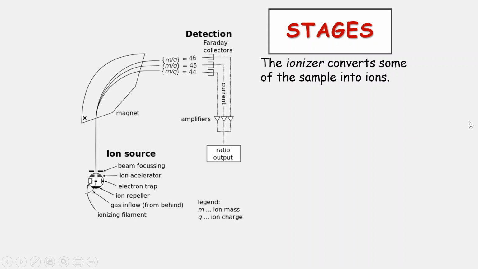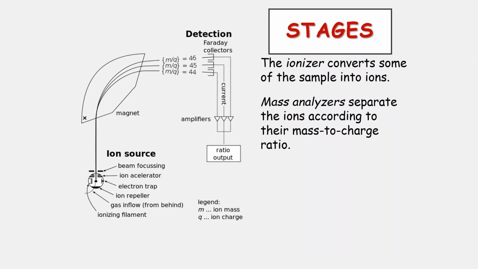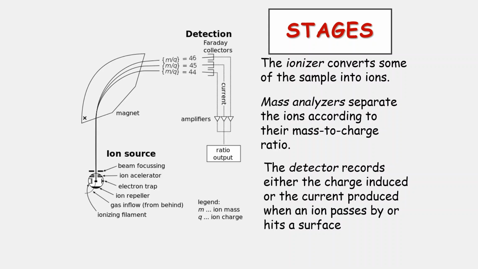Now, just a quick recap there. The ionizer, your ion source here, converts some of the sample that you have into individual ions. Then you've got your mass analyzer that is going to separate the ions according to their mass to charge ratio. And then the detector is going to record either the charge induced or the current produced when an ion passes by or hits its surface.